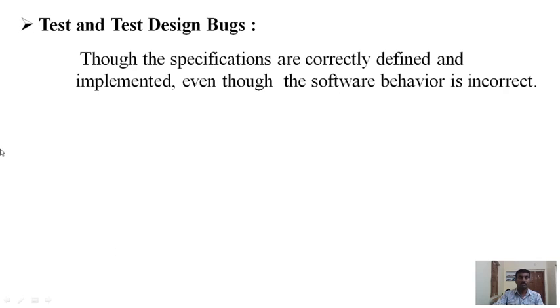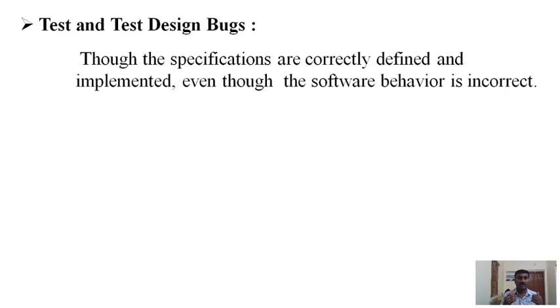What they say about this is that the specifications are correctly defined and implemented. For example, for any project, the specifications are correctly defined and implemented, even though the software behavior is incorrect. So where are the bugs? They are in the test.